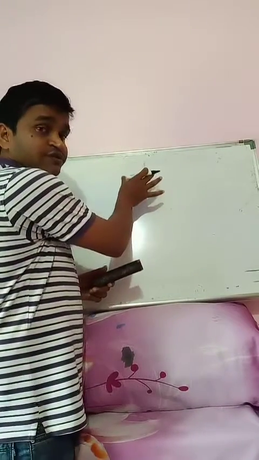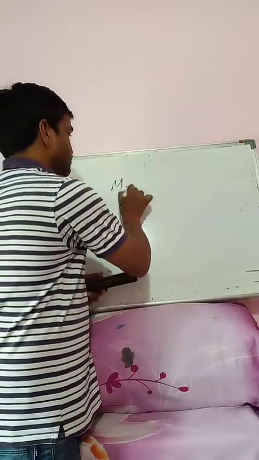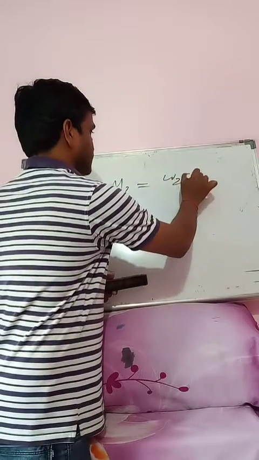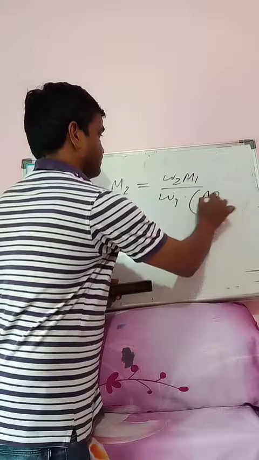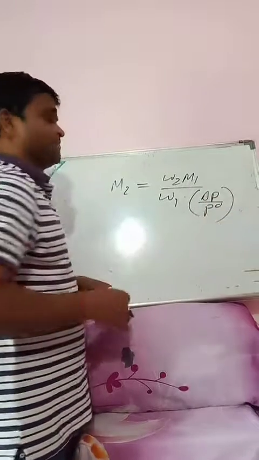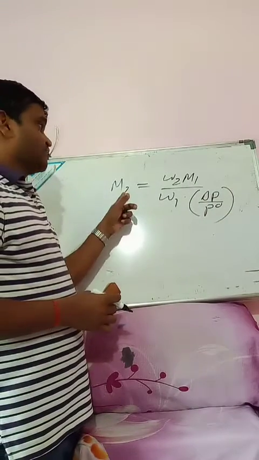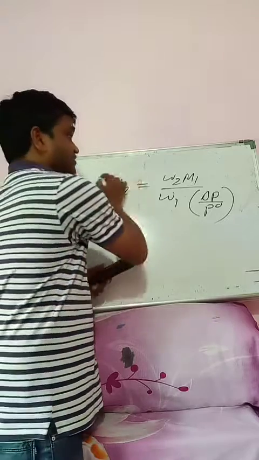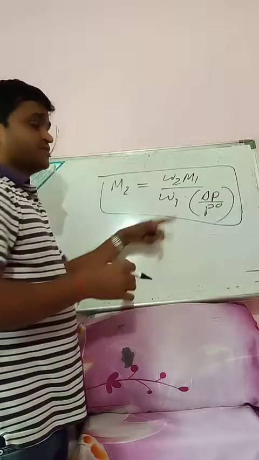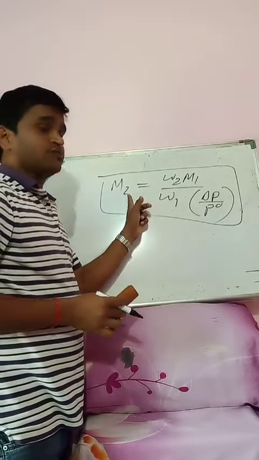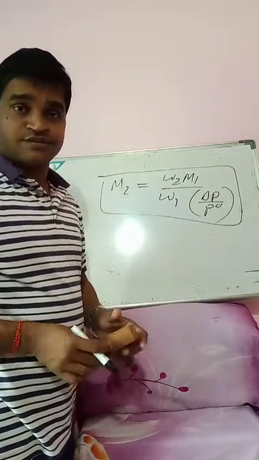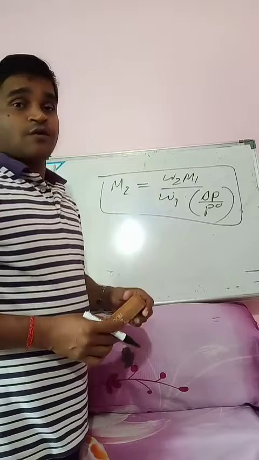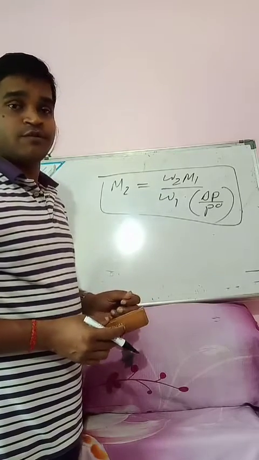So from the previous expression we can write M2 is W2 M1 by W1 into delta P by P naught. What is M2? This is the molecular mass of a solute. So from this expression you can calculate the molecular mass of solute, that is M2, which is the main essence or usefulness of the term colligative properties.